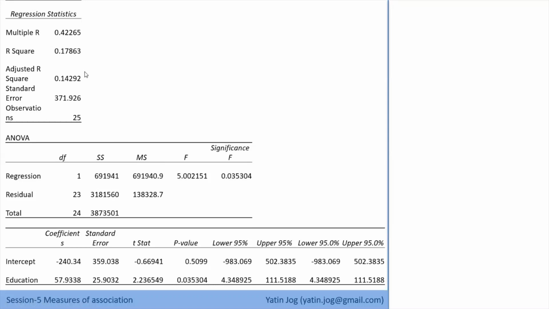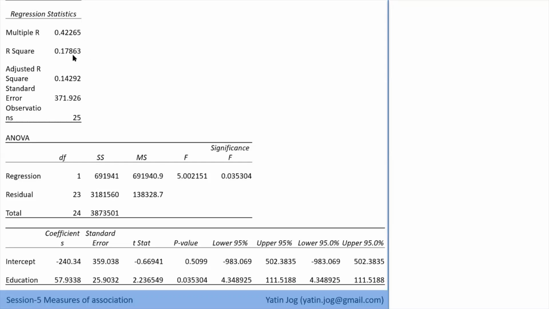This claim is based on the available data. Maybe my data is insufficient, maybe it is not complete, maybe it is wrong, I don't know. Based on available data, I can say that education as one variable is not a good predictor of earnings, and that is because of this R square value.